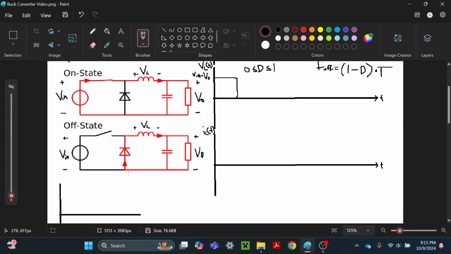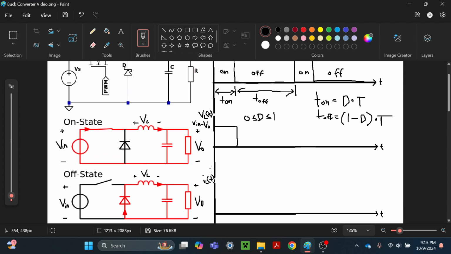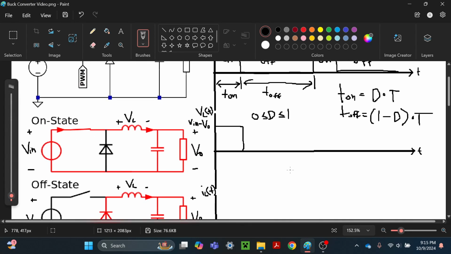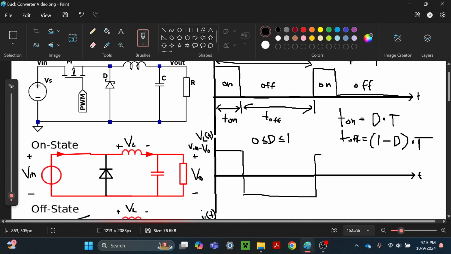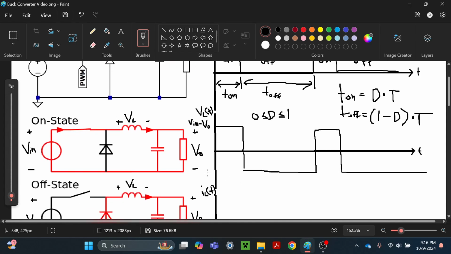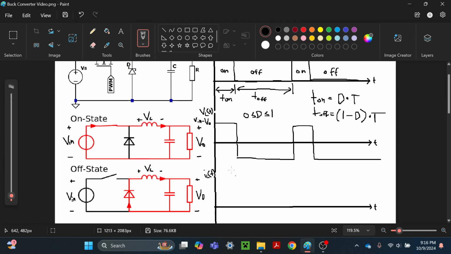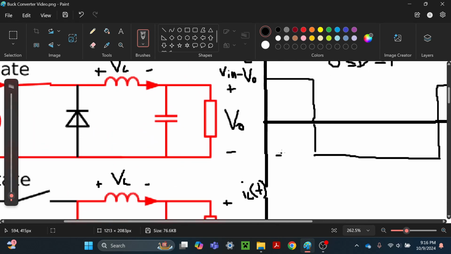And then when the switch opens, the voltage across the inductor is going to be negative V out. Then it turns back on, turns back off. So this is negative V out.